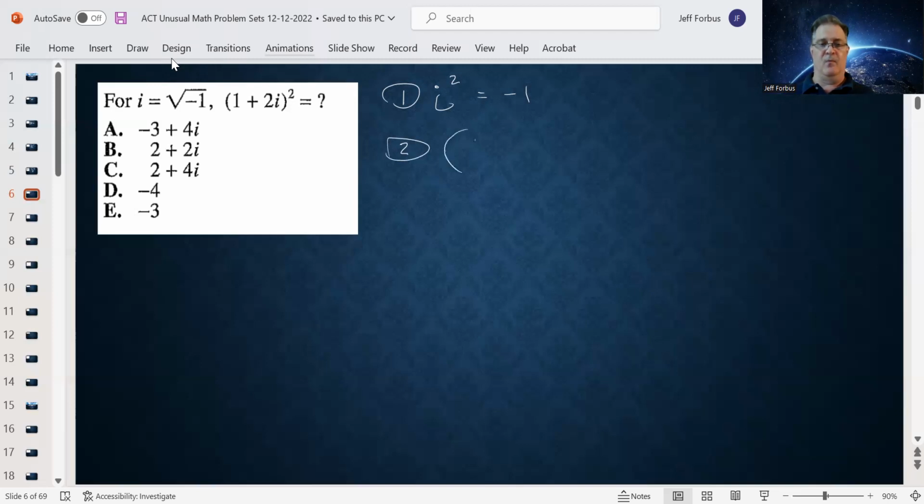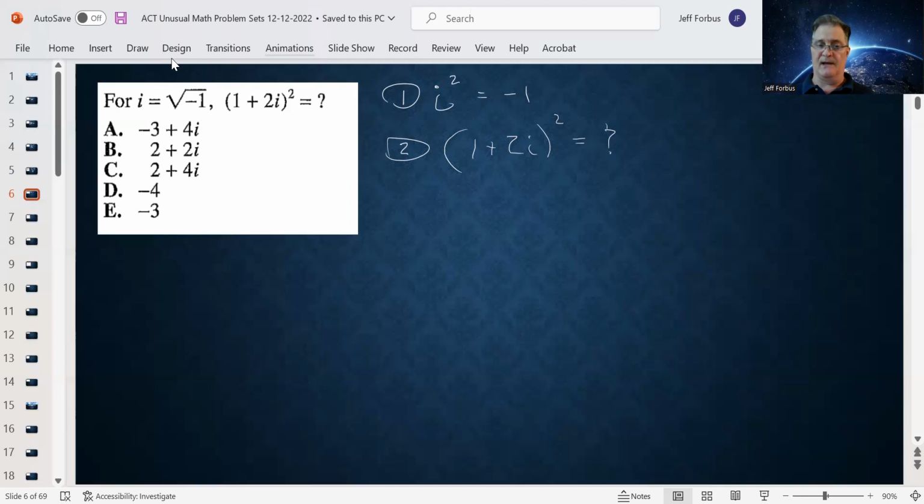notice they have 1 plus 2i, squared. And they say, well, what is that equal to? People not substituting -1 for i squared is one of the first mistakes that's always made.